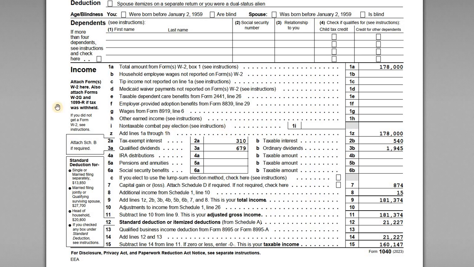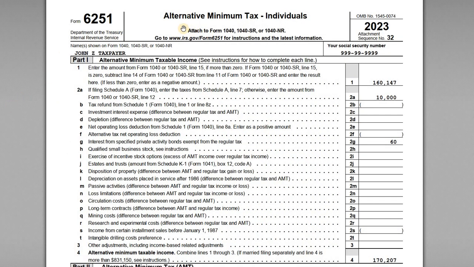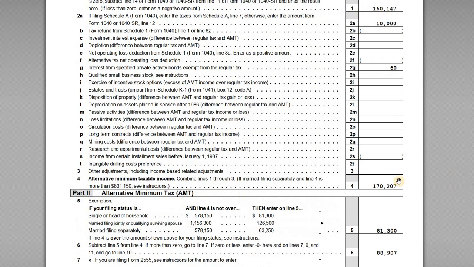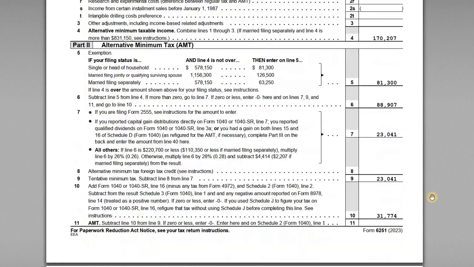So all of it is still exempt from federal taxes, but we need to complete the 6251 AMT schedule, and we have an adjustment here on line 2G for interest from specified private activity bonds. So there's our $60 adjustment. Now, John isn't in AMT, so it's not as if he has to calculate any kind of AMT.